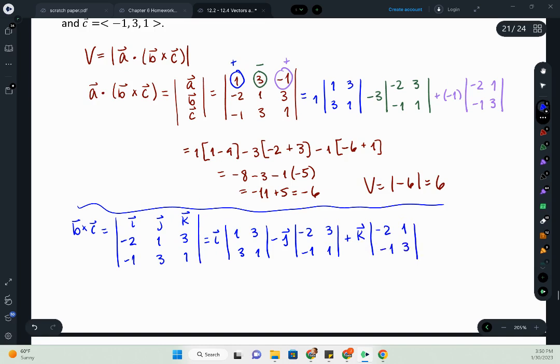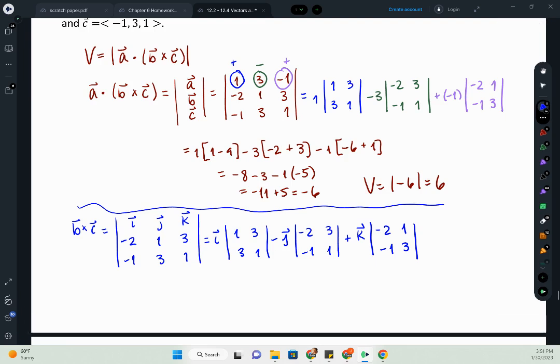Notice the parallel to what I have up here. In place of i, j, and k, I have 1, 3, and negative 1. Those are the components of A. Down here I have the components of i, j, and k. So it's so far working out to be what I said it was.